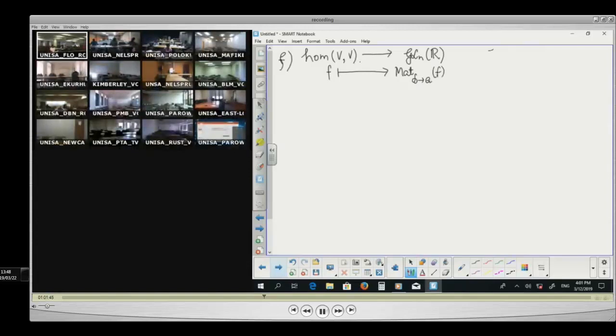This map preserves addition, scalar multiplication, and composition, remembering that composition is transformed into matrix multiplication. And we are going to use this.